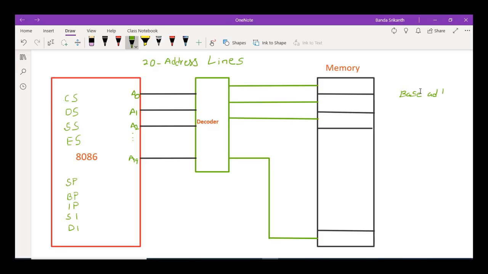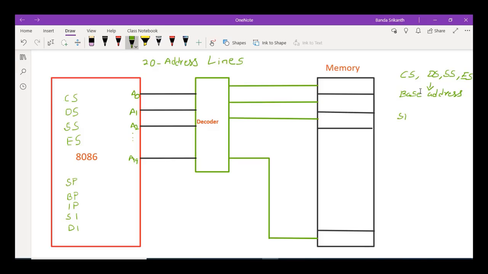What will they hold? The code segment register, data segment register, stack segment register, and extra segment register will hold the base address of the memory location.